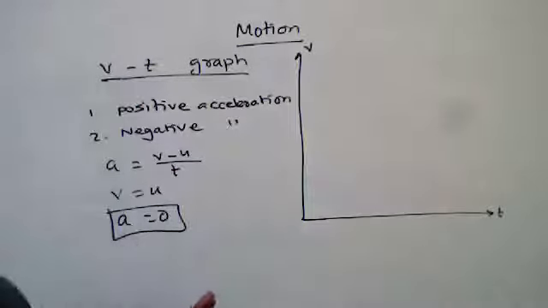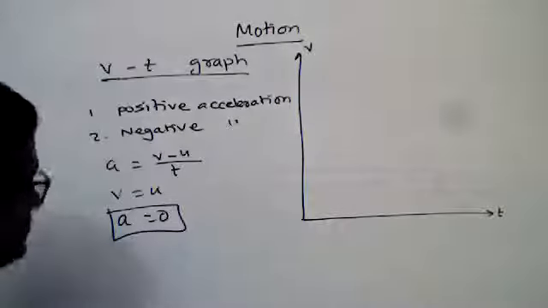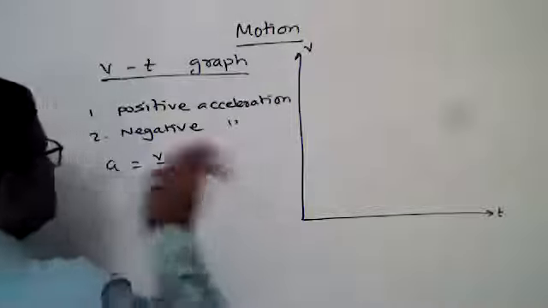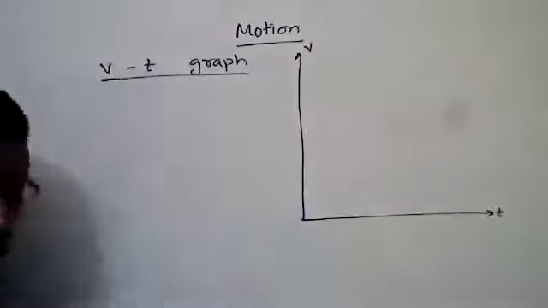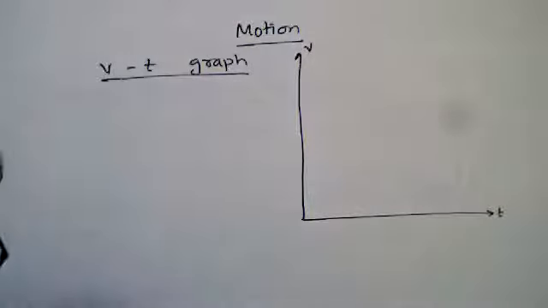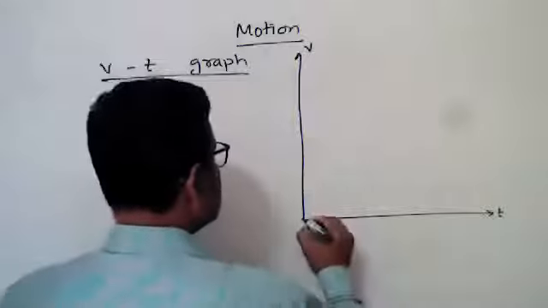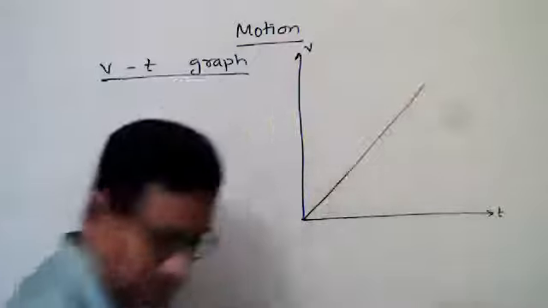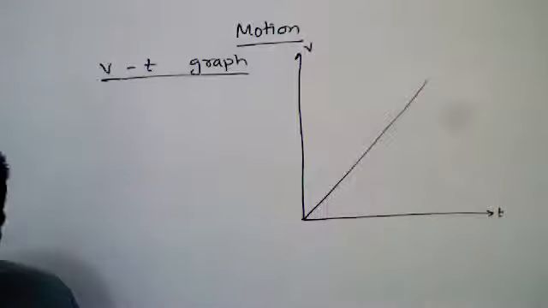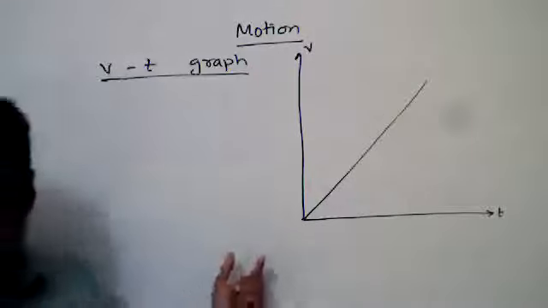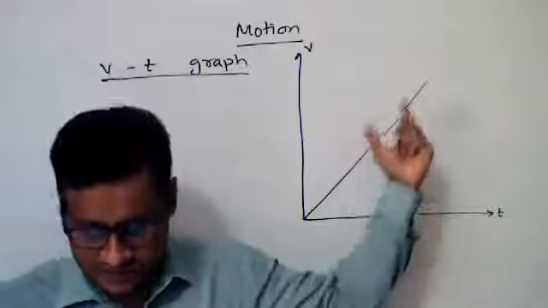Now we can show this in the graph: positive acceleration, negative acceleration, and 0 acceleration from the velocity time graph. This is the positive acceleration, because with respect to time the velocity is increased.